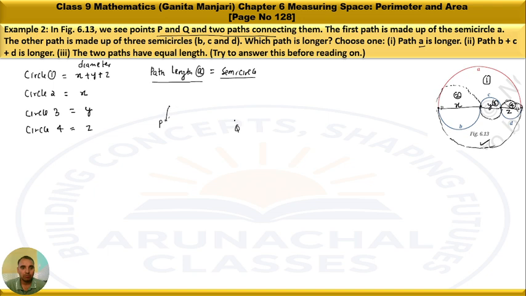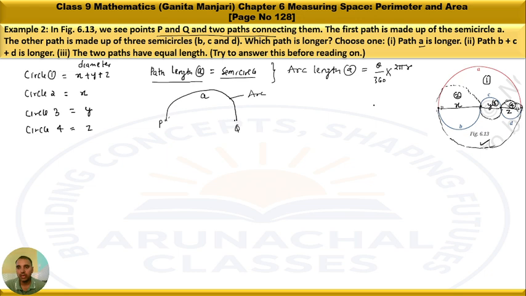If I draw the path length A, this is an arc. So I need to find the arc length A, and it is given as theta upon 360 multiplied with 2 pi r.